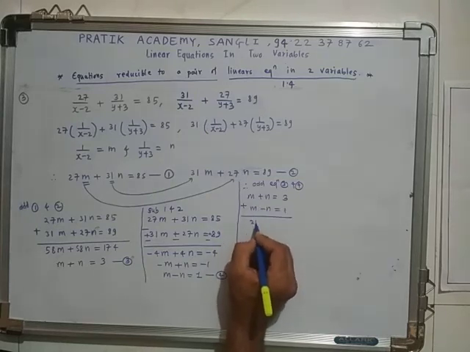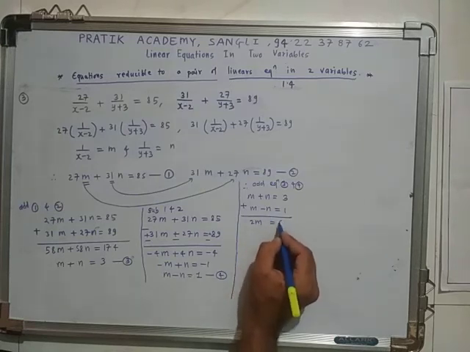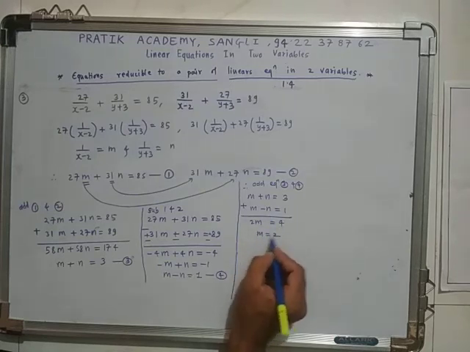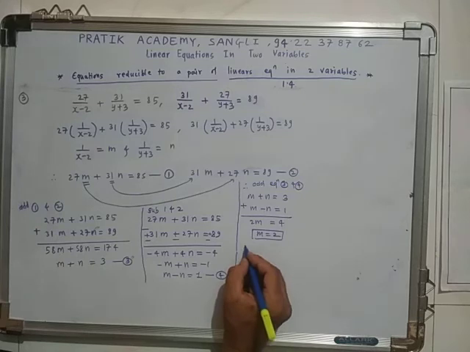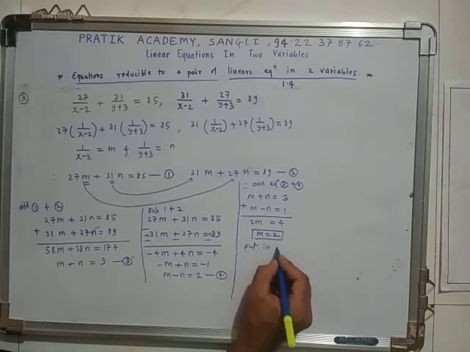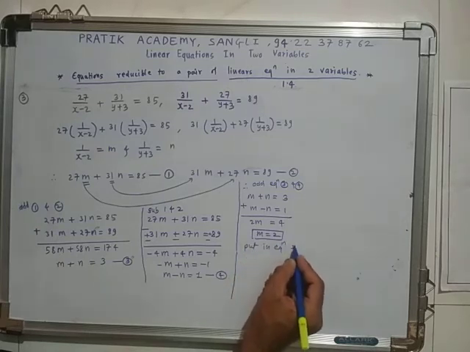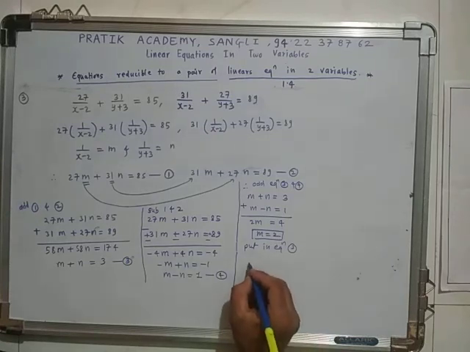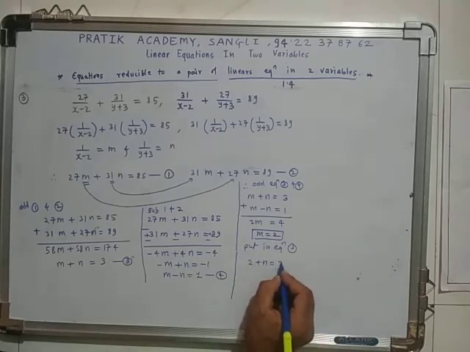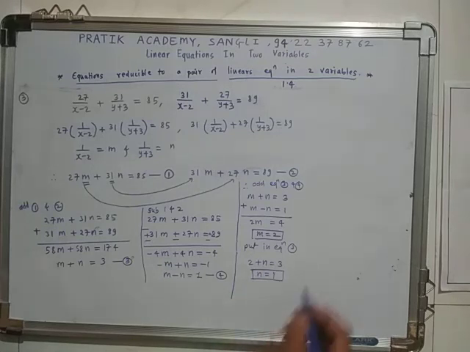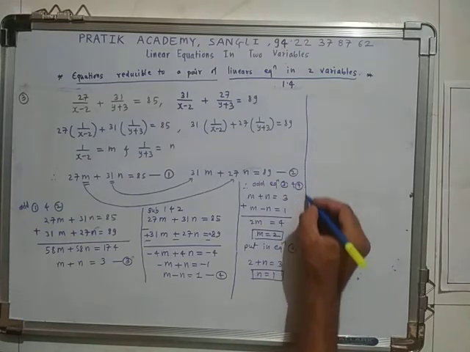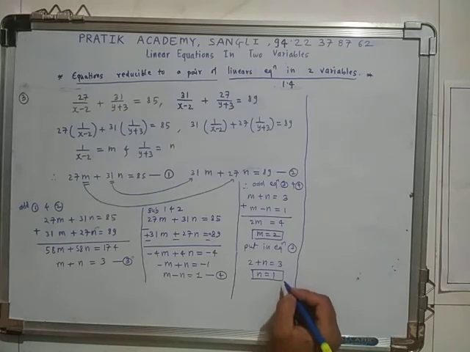After addition, 2m is equal to 4, m is equal to 2. Then put it in equation 3, we will get 2 plus n is equal to 3, so n is equal to 1. So we have got the values of m and n.